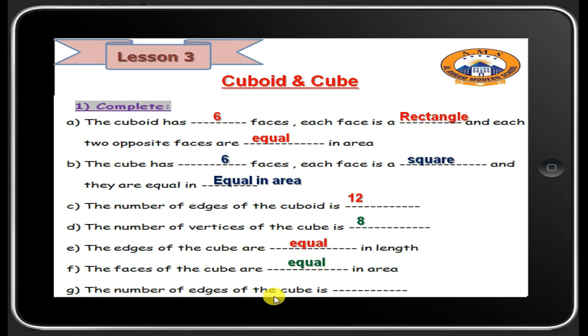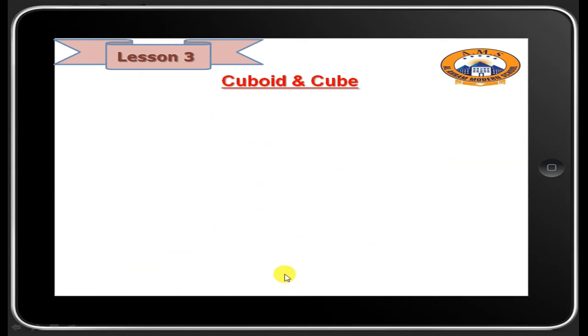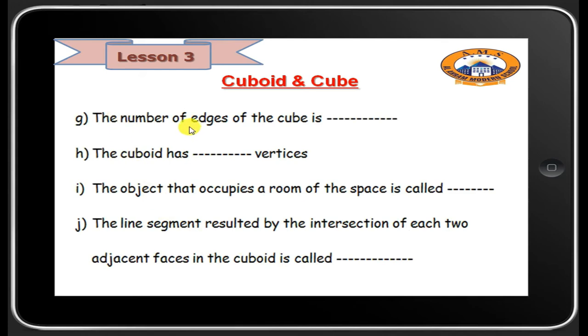So we studied that the number of the edges of the cube is 12 edges. Very good. We continue solving the exercise about the cube and the cuboid. Here we have the number of edges of the cube. We said they are 12, and the number of the vertices in the cuboid, he asked me about the vertices, so they are 8 vertices.